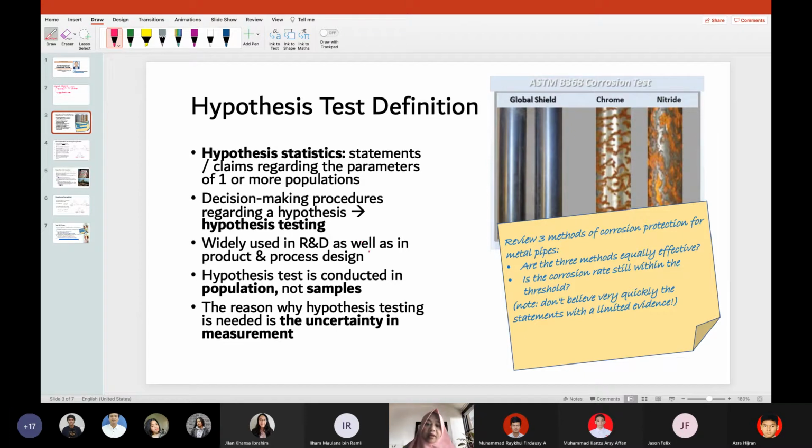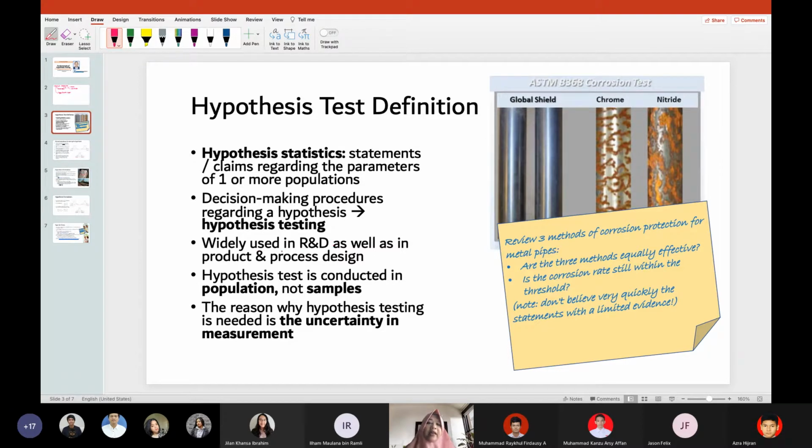How to justify that this product meets specification or doesn't meet specification, based on the product that we have built or produced over time. We want to check whether it is still on spec or not.